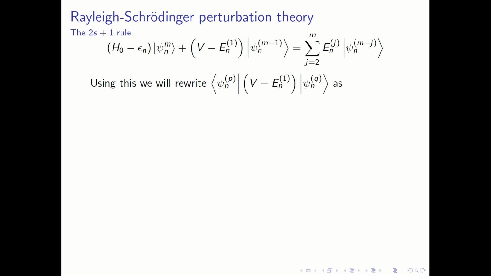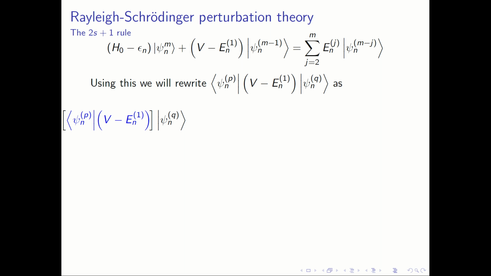So let us see what we are doing here. We start with this matrix element. I've deliberately put in a bracket here and written these two terms in blue to show that psi np is getting acted upon by V minus En1. So the bra is getting acted upon by the V minus En1 operator, which is also the adjoint of the V minus En1 operator. This is Hermitian. So in order to figure out what this is going to be, we are going to just look at V minus En1 acting on psi np here, of course move everything else to the other side, and then take the adjoint.